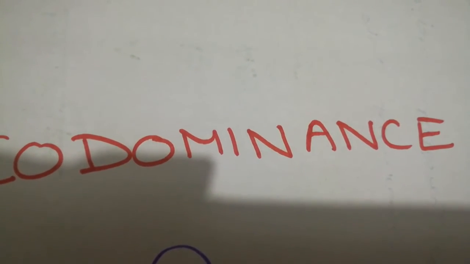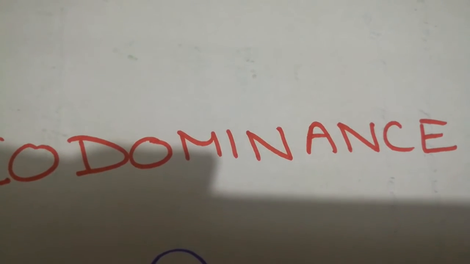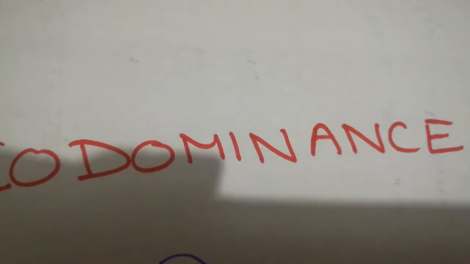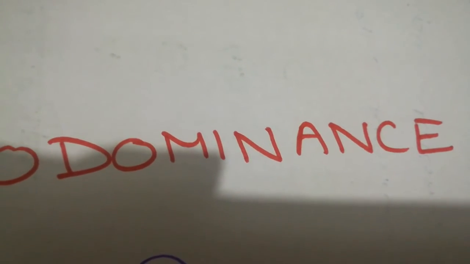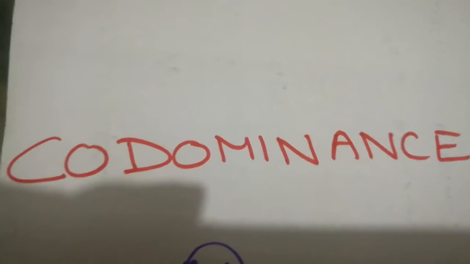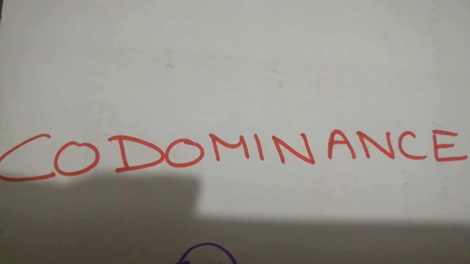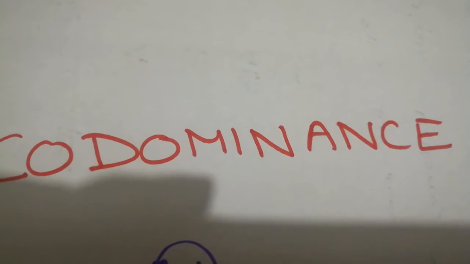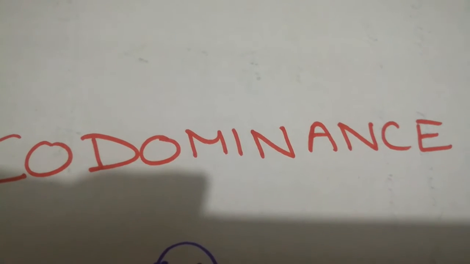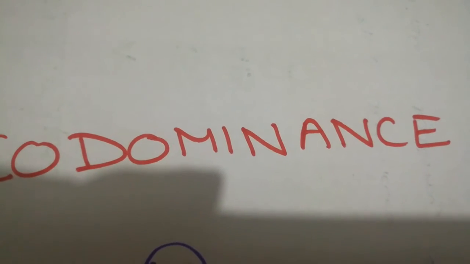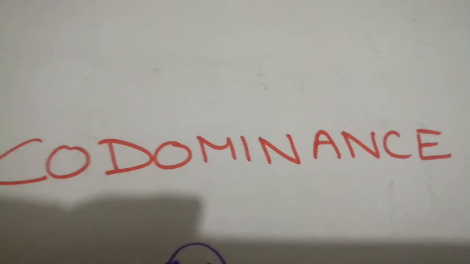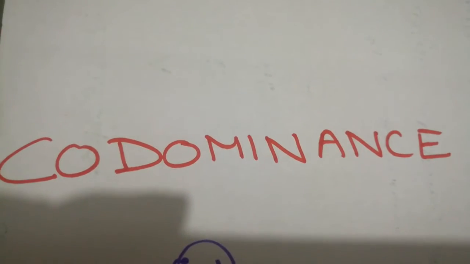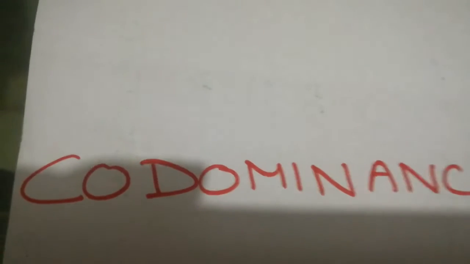When IA and small i are present, IA is expressed, so A will be expressed. If IB is present with small i, B will be produced. And if IA and IB are present together, then both will show their effect, that is due to codominance.